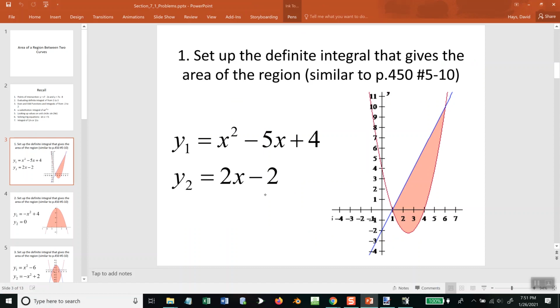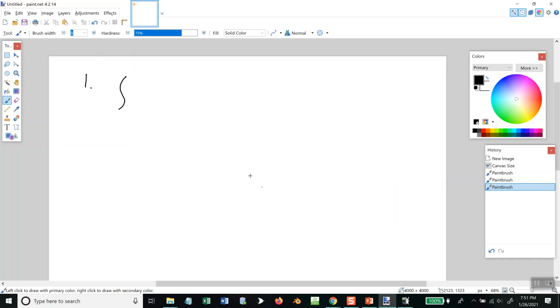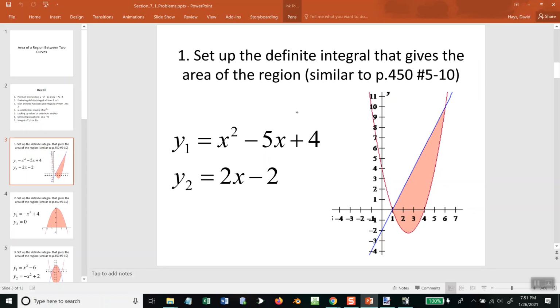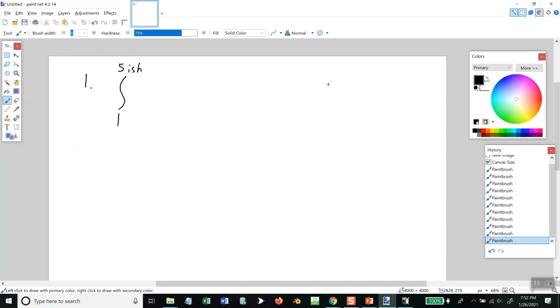Okay. So what would it go from? What value to what value? Is it 5? But my eyes aren't very good. 5-ish. How would I actually find out the true value? Yeah, points of intersection.